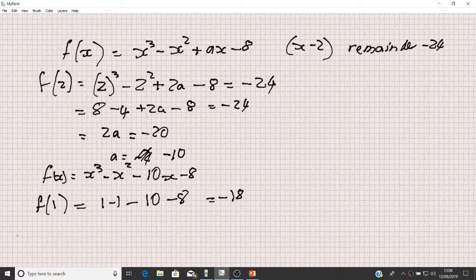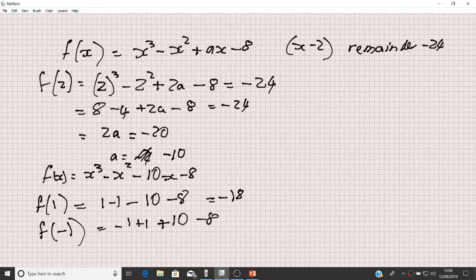We'll guess f of minus 1. See how we get on with that. f of minus 1: minus 1 cubed minus 1 squared plus 10 minus 8.